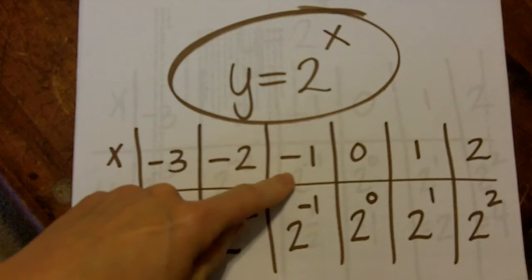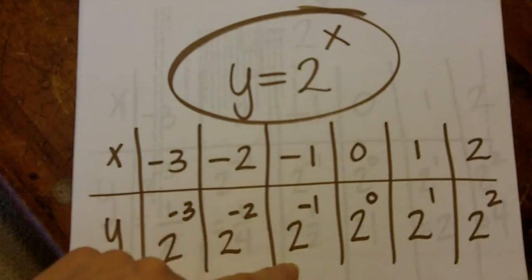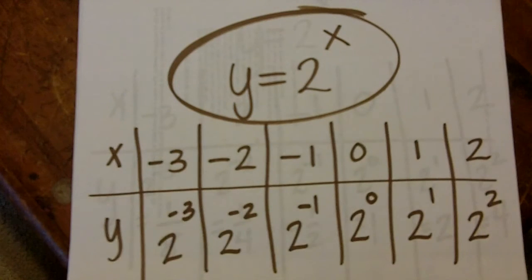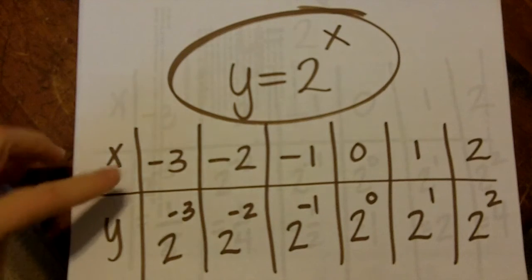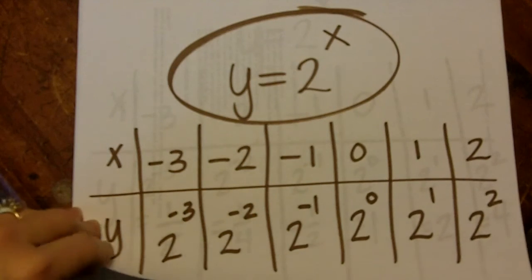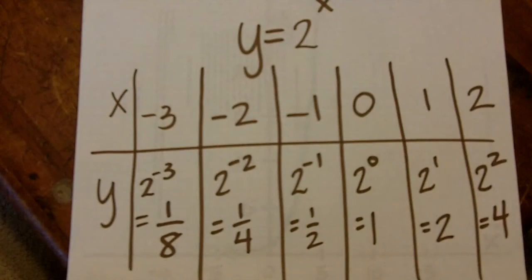So a decade beforehand, they would have had 2 to the negative 1, or half the knowledge. Another decade earlier, they would have had 2 to the negative 2, which would be a quarter of the knowledge. And then 2 to the negative 3, or 1 over 8, which would be an eighth.